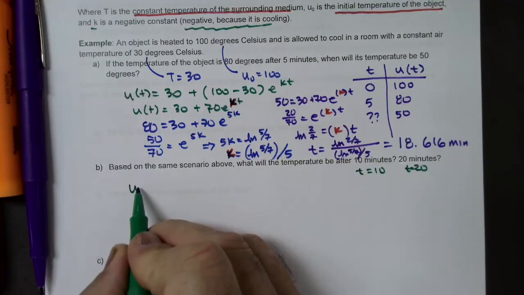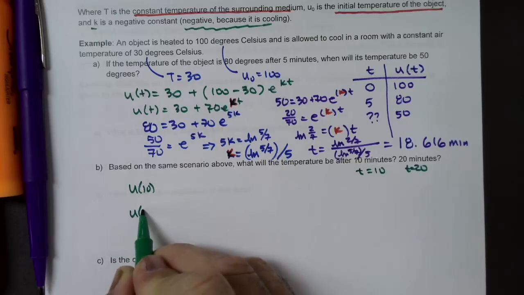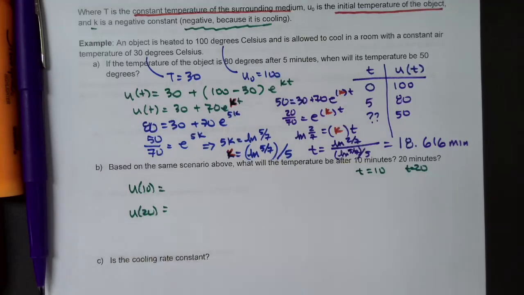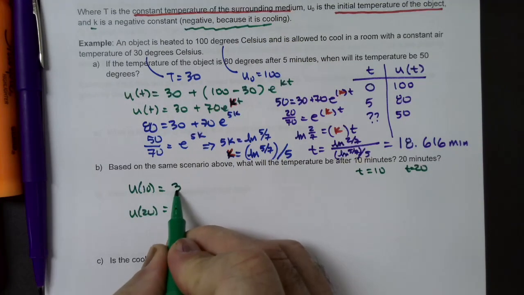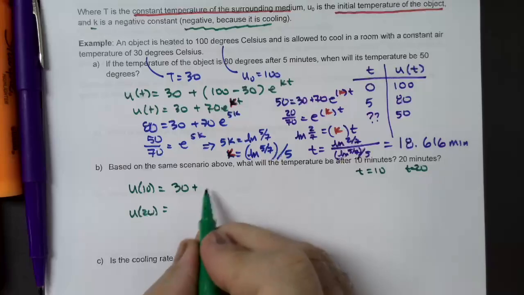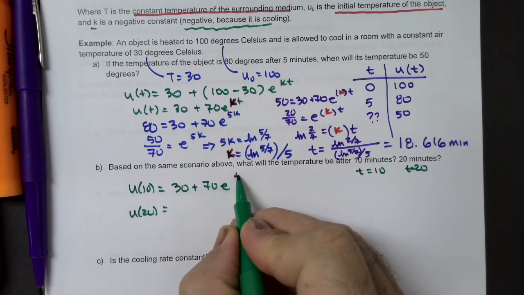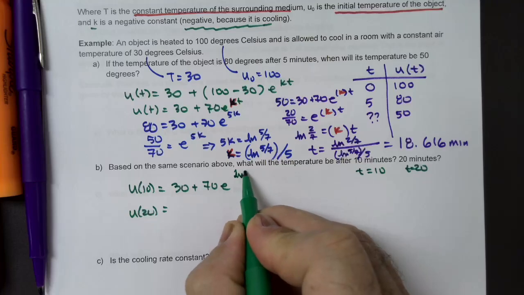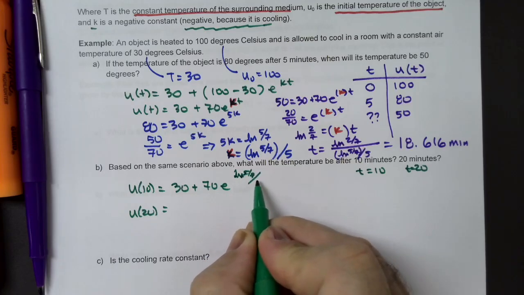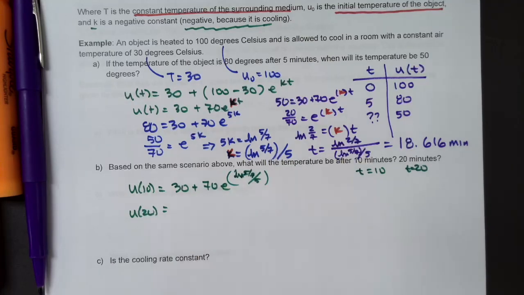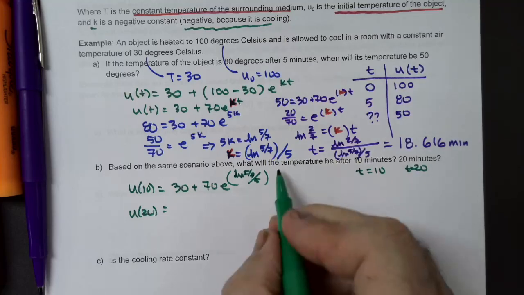In other words, u of 10 and u of 20, which would be 30 plus 70 e to the natural log of 5/7 divided by 5, that's our k value, times, in this case, 10.